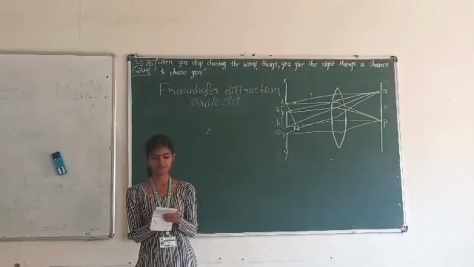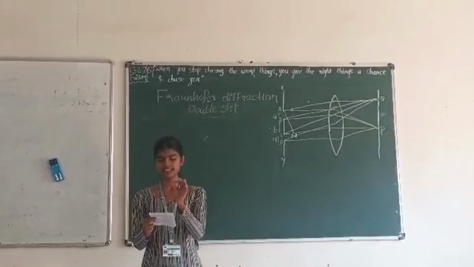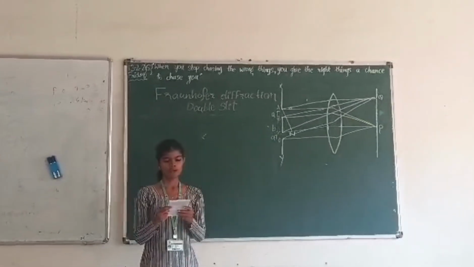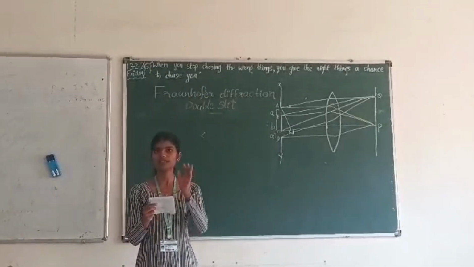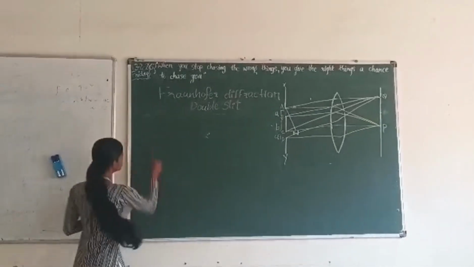So the final pattern on the screen will be the diffraction pattern due to the single slit and the interference pattern due to two slits. The intensity will be the square of the resultant amplitude, and it can be written as the resultant intensity.